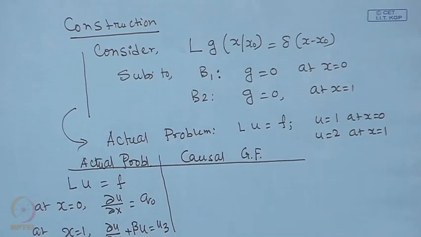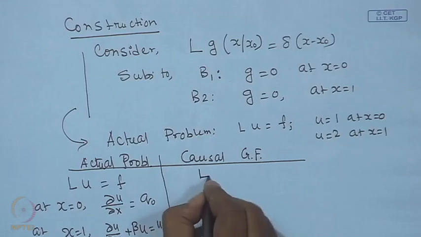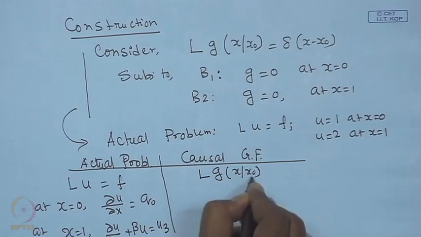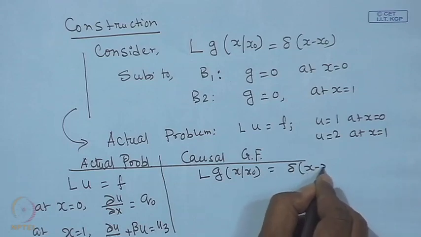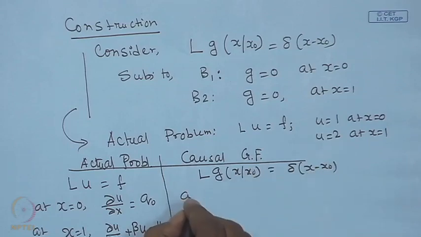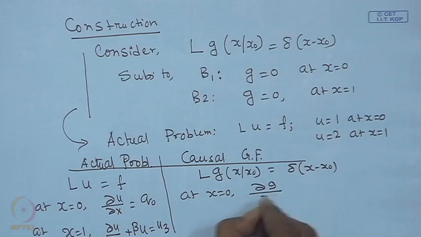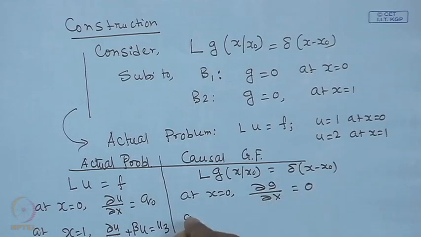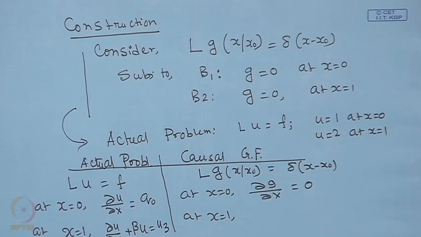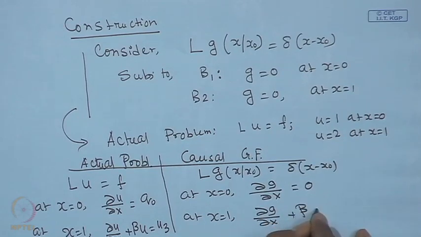If this is the actual problem, then the causal Green's function should be L g x slash x naught is equal to delta x minus x naught, with identical boundary conditions at x is equal to 0. We force the boundary conditions to be homogeneous. So, del g del x is equal to 0 at x is equal to 1. We keep this form of boundary condition, but force it to be homogeneous, that is all we do. So, del g del x plus beta g should be equal to 0. So, we make them homogeneous.